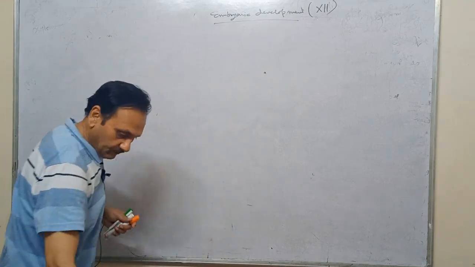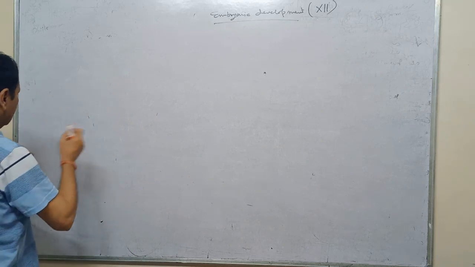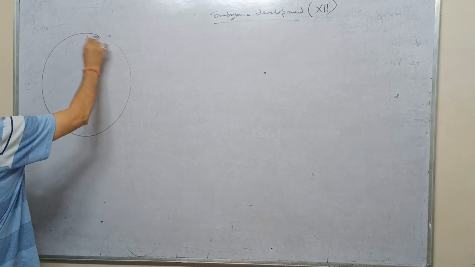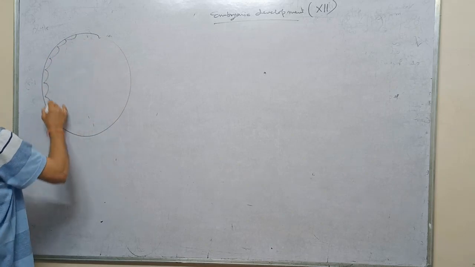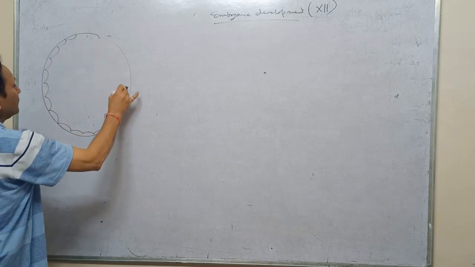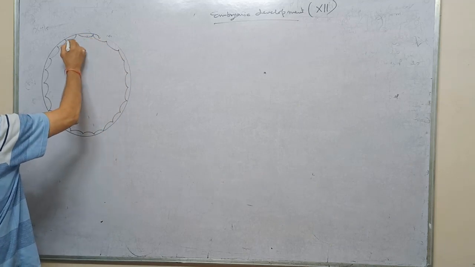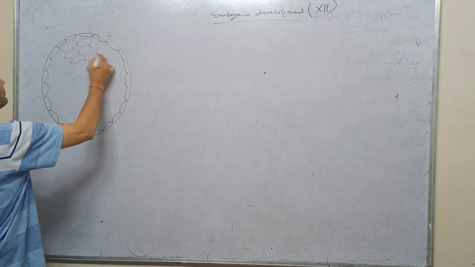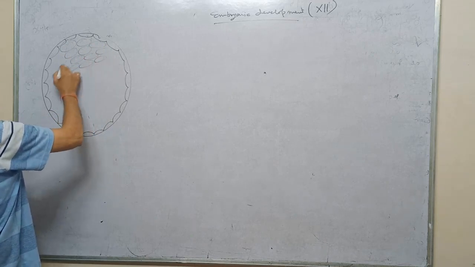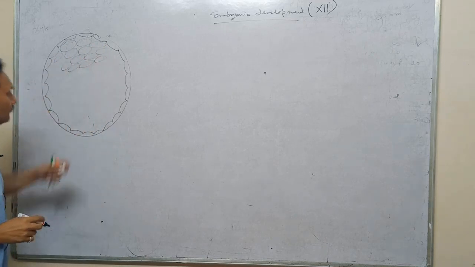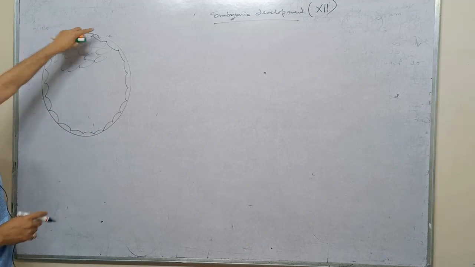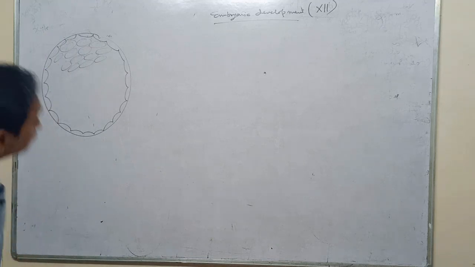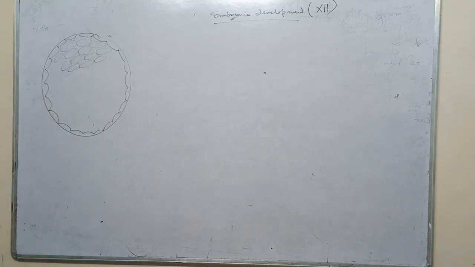Now first of all, we will see this is the trophoblast. This is the inner cell mass. This one is the cell of Rauber, and now the zona pellucida is absent.